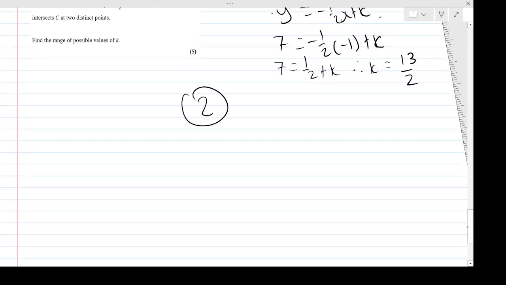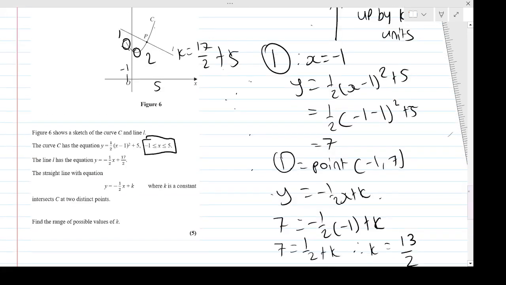Well, at point 2, it's not particularly clear what the x value is. You might well think it's the minimum point, the turning point, but not exactly. We could have a situation where, because the graph is a bit small, it looks like it. But say the minimum point was here, it could be just to the right of it.